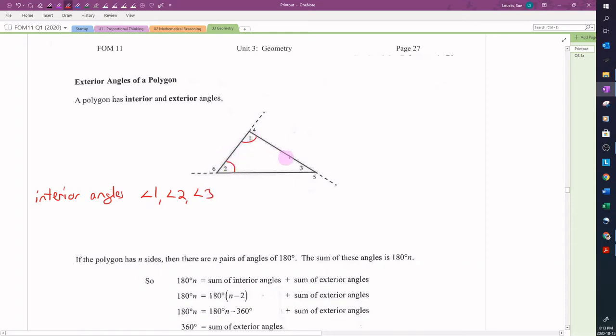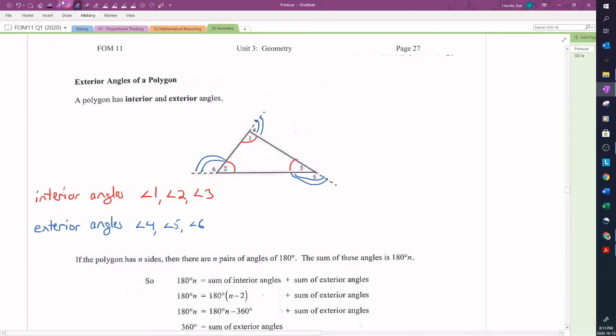Okay, the ones inside, call those the interior angles. The outside ones are the exterior angles. And that's angle 4, angle 5, and angle 6. So 4, 5, and 6. I'm going to do those with double lines in case I'm printing this out in black and white.